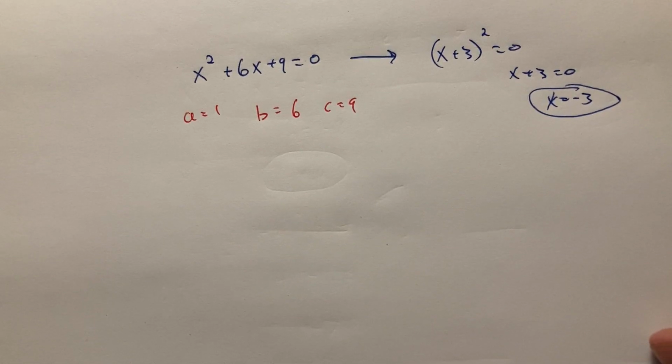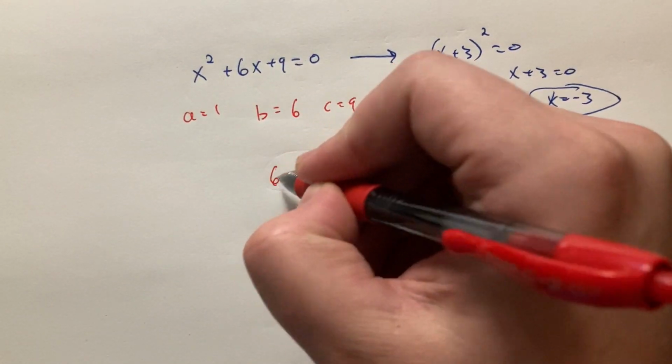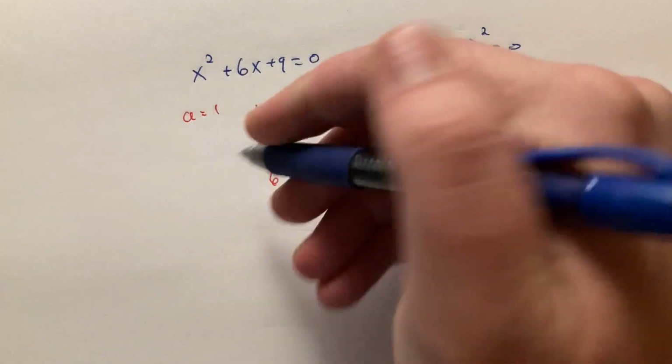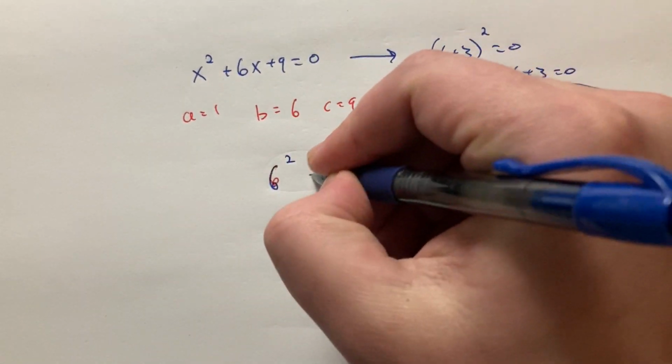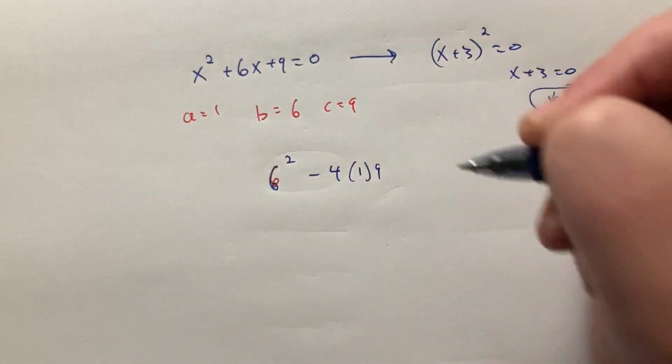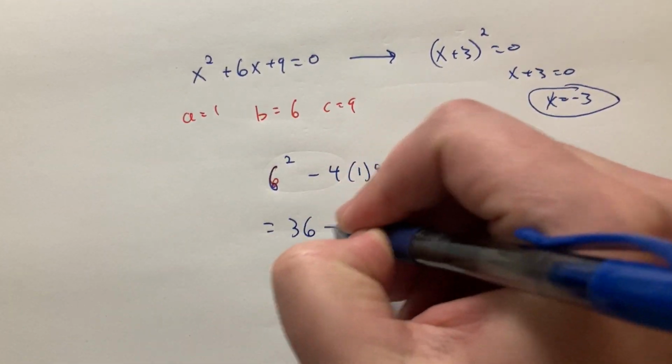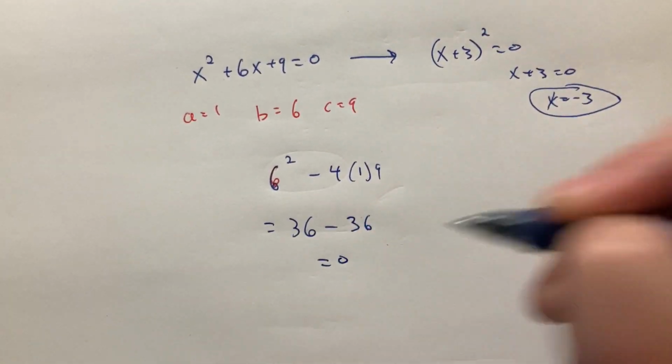Now, let's see what happens when I plug this into the discriminant. Let's change the color of pen. 6 squared minus 4 times 1 times 9 equals 36 minus 36 equals 0.